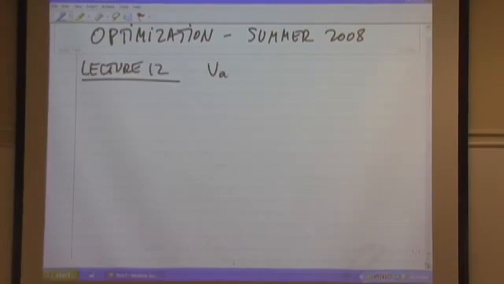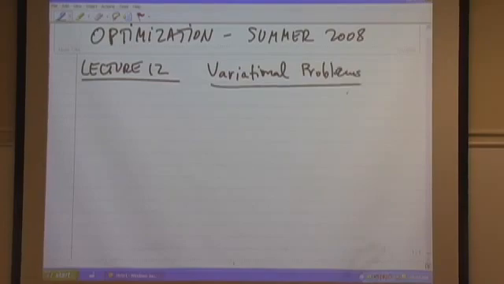Okay, so we're going to continue talking about variational problems and see how much we can do. But let me remind you really quick what the setup is.